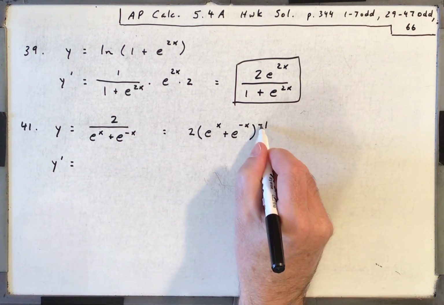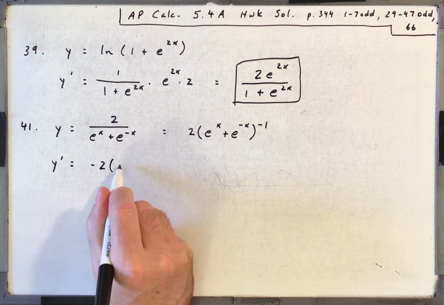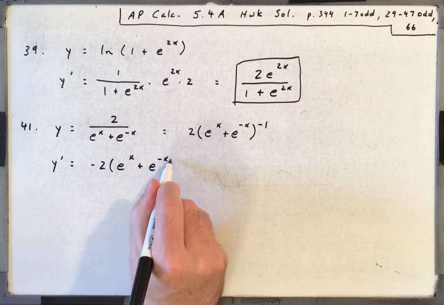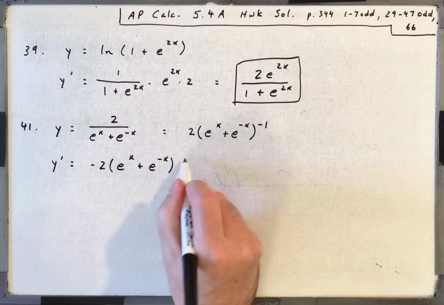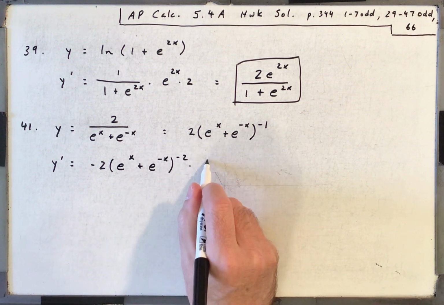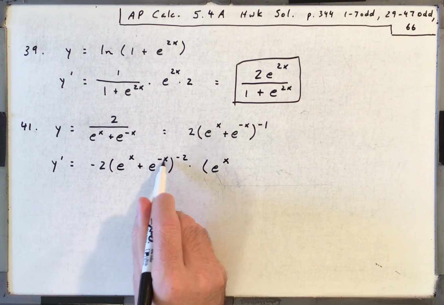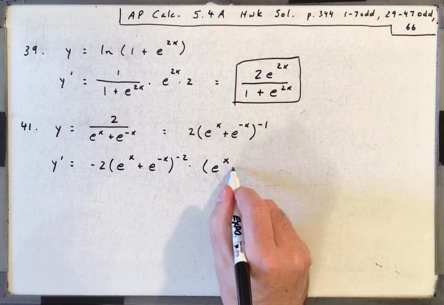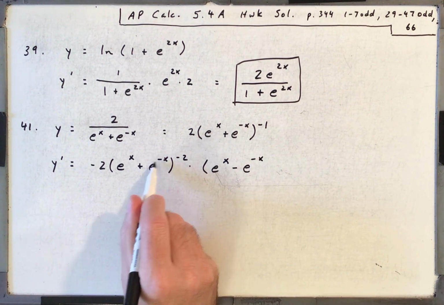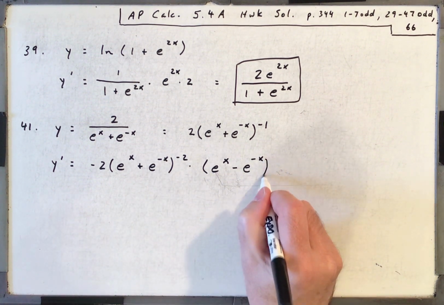So y prime, bring that negative 1, multiply it by the 2, so we've got negative 2 times e to the x plus e to the minus x, then subtract 1, so to the negative 2 power, and then times the derivative of the inner function, which would be e to the x, and then e to the minus x times negative 1. So that's going to be minus e to the minus x. So again, e to the minus x times the derivative of the exponent, negative 1. That makes this a minus.